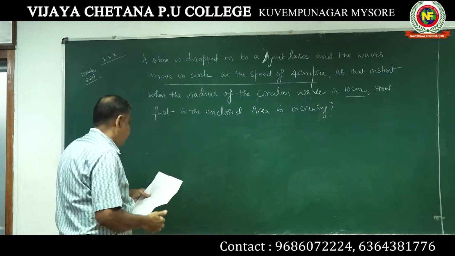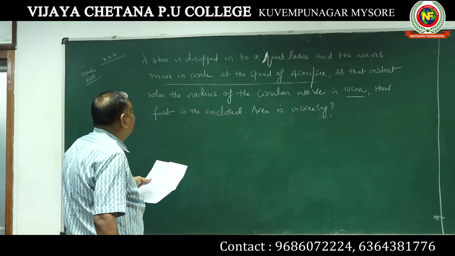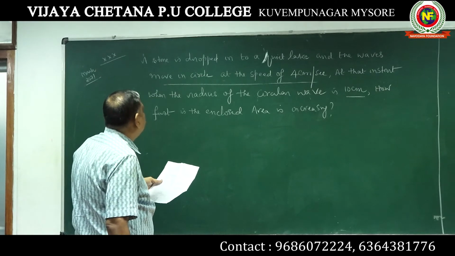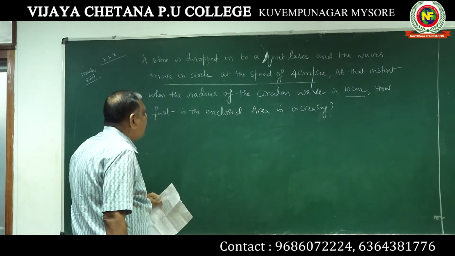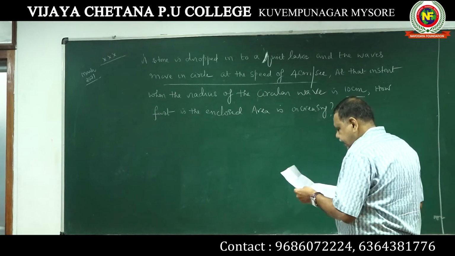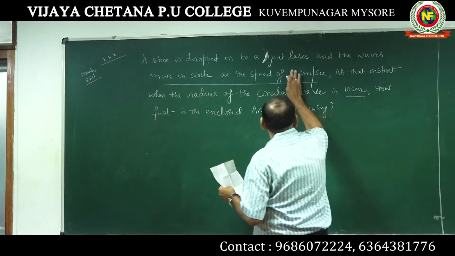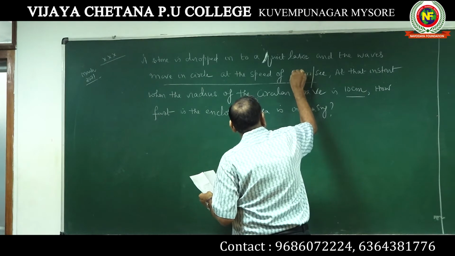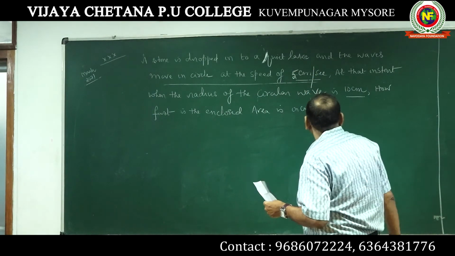A stone is dropped into a quiet lake and the waves move in a circle. Take down the same thing. A stone is dropped into a quiet lake and the waves move in a circle at the speed of 5 centimeter per second. Now instead of 4, you make it 5. Please change it here, 5 centimeter per second.